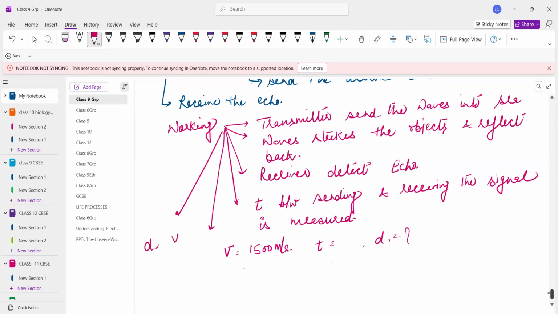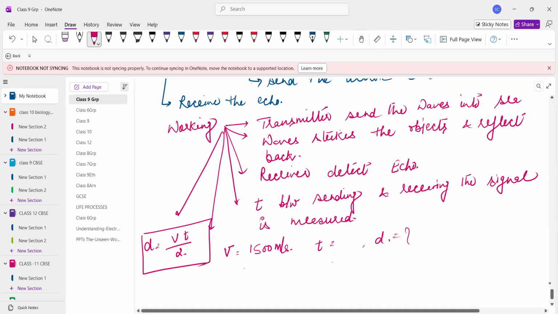Distance will be d = vt/2. Why are we dividing by 2? Because vt is the total distance. Waves go to the object and come back, so we divide by 2 to get the one-side distance.